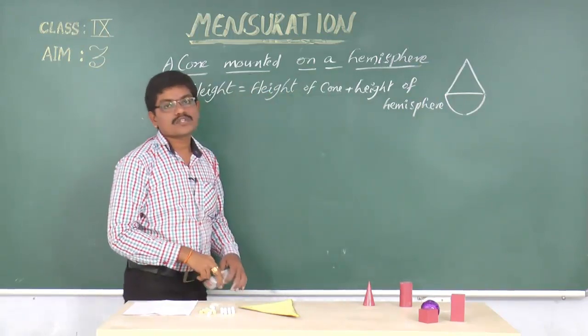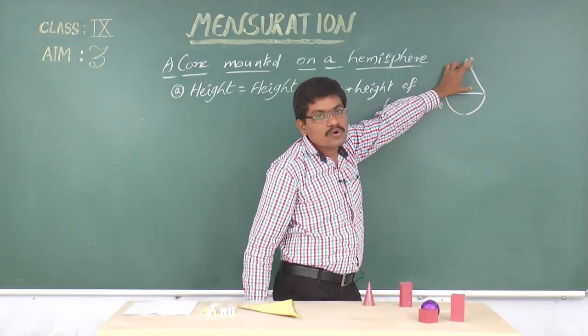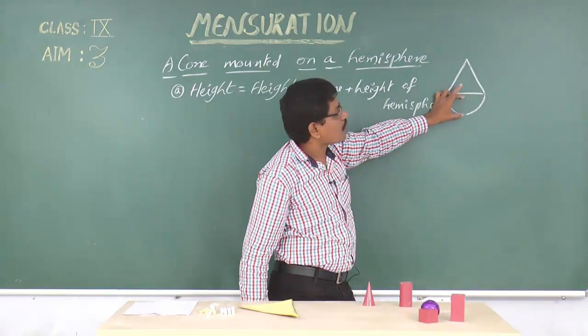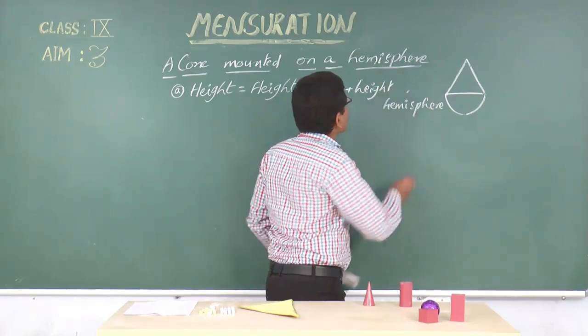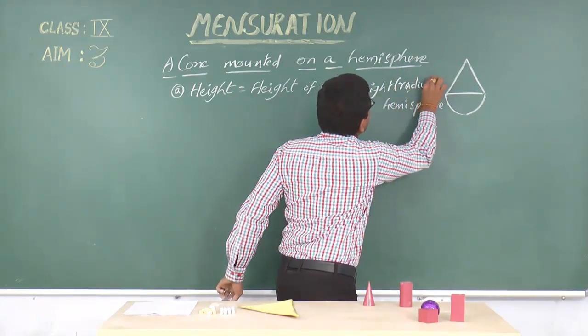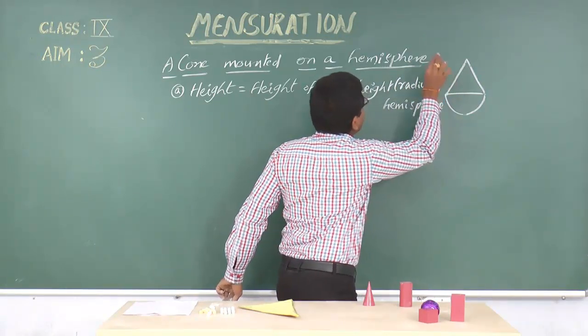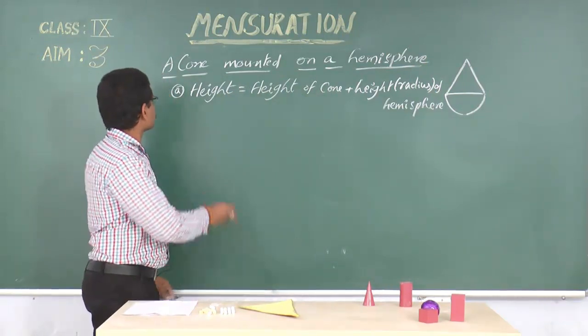So height of the newly formed solid is equal to height of cone plus radius of hemisphere.